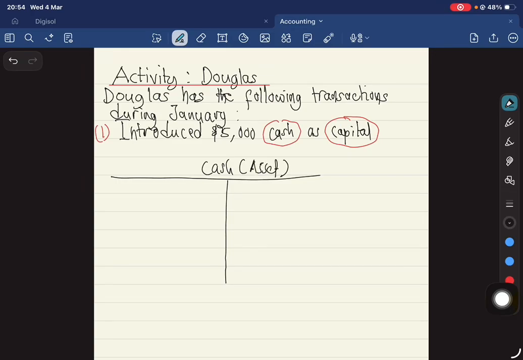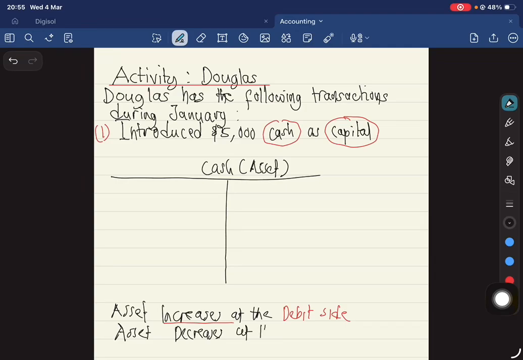And now let's state the rules regarding an asset. Per the accounting rules, asset increases at the debit side, and asset decreases at the credit side.